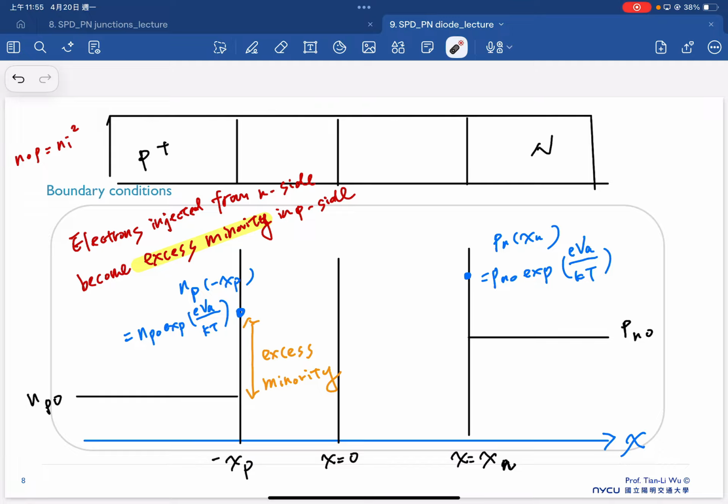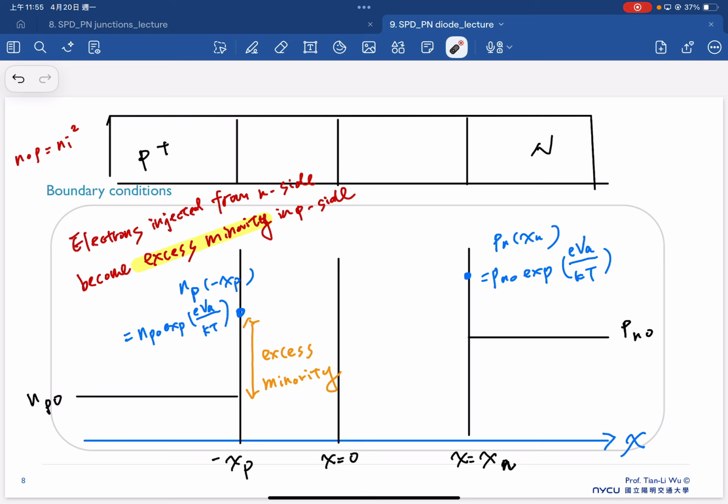So finally, if you can follow this one, then all the concepts we learned from the non-equilibrium excess carrier are the same. Later, if you look at the later slides, you will find that all the equations are the same. It follows the same exponential decay. It follows the same excess minority carrier, because this one is just an application of the previous knowledge.